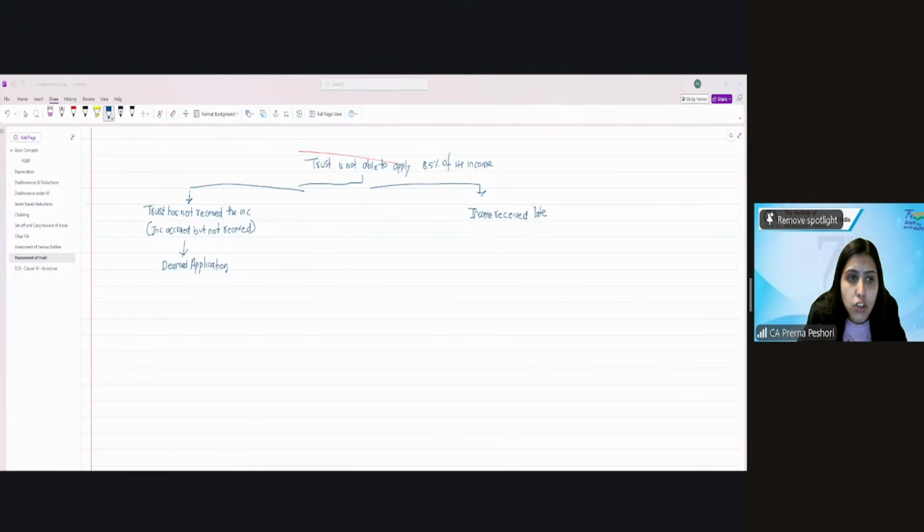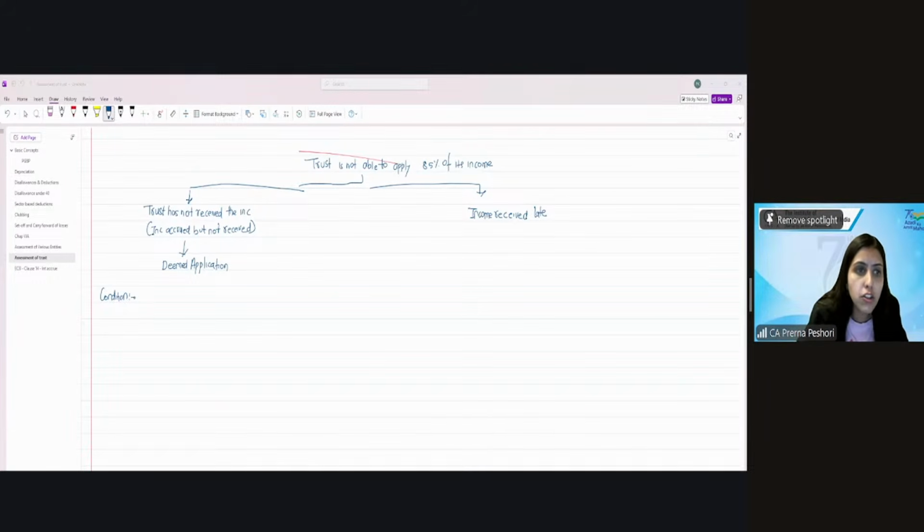But what is the condition? The condition is that the application will be made in the year in which the income is actually received or in the next following previous year. Are we getting it?